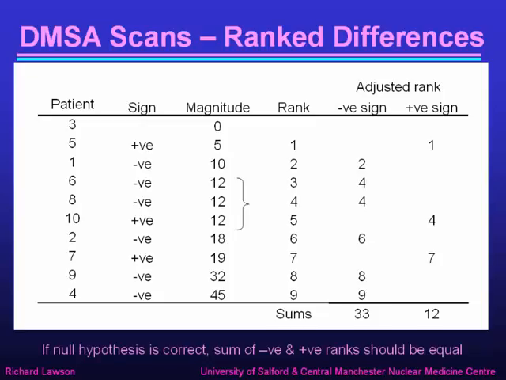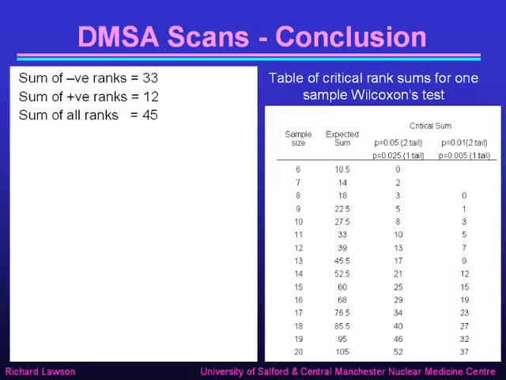If the null hypothesis is correct, then the sum of the negative and positive ranks should be about equal, because the positive and negative should be randomly distributed along the row, just like if our men and women were equal heights, they would be randomly distributed along the row when they were ranked. So we want to say, are the sums of 33 and 12 equivalent?